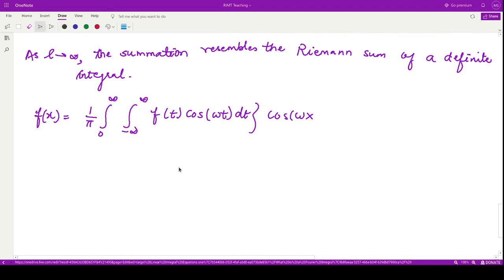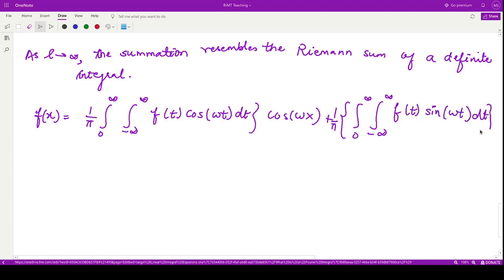So we have the first term as this one and the second term as 1 by pi integration from 0 to infinity, integration from minus infinity to infinity, f of t sine omega t dt multiplied by sine omega x, right?